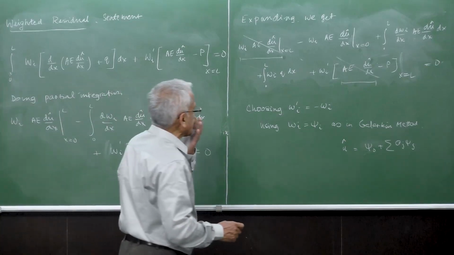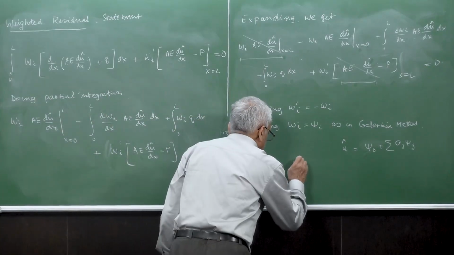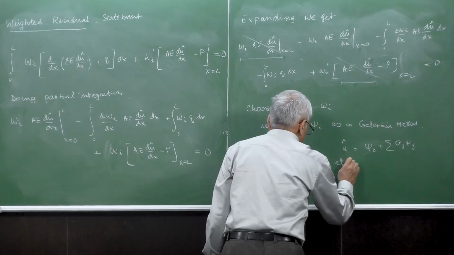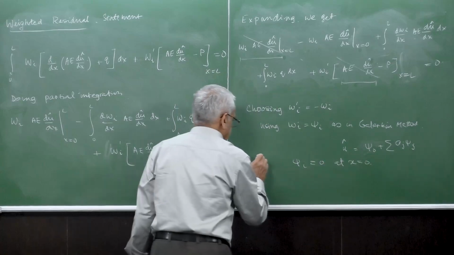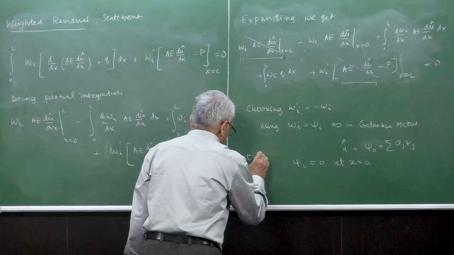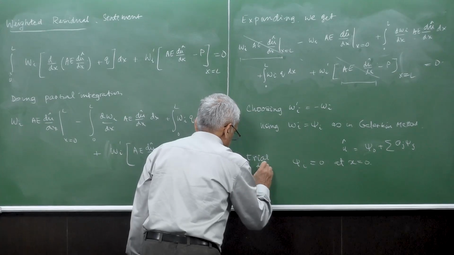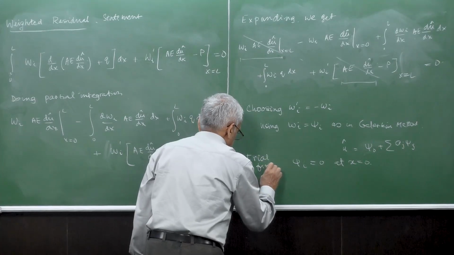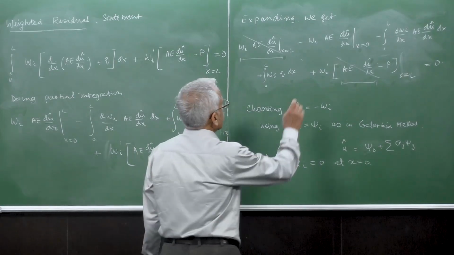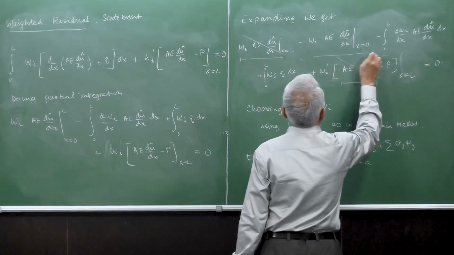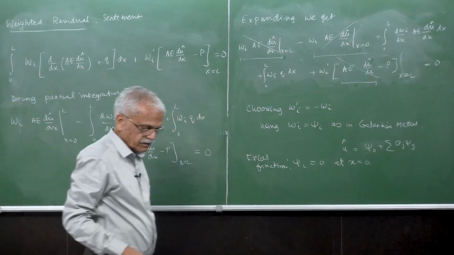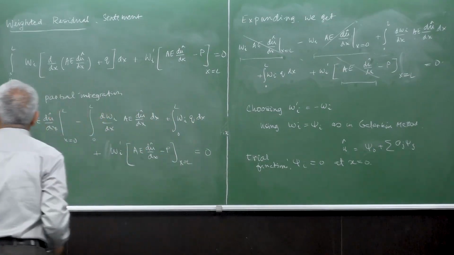So psi i is 0 at x is equal to 0. These are the trial functions. So there is 0, and that way this second term here also goes to 0. So what is left then? Let's look at what is left.